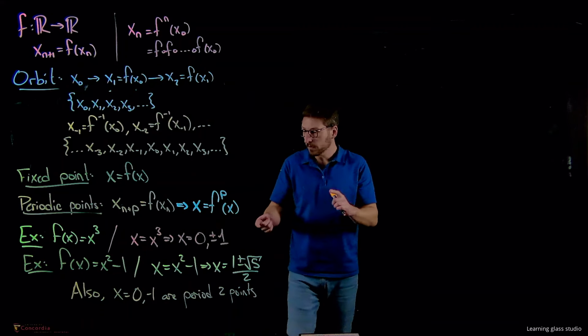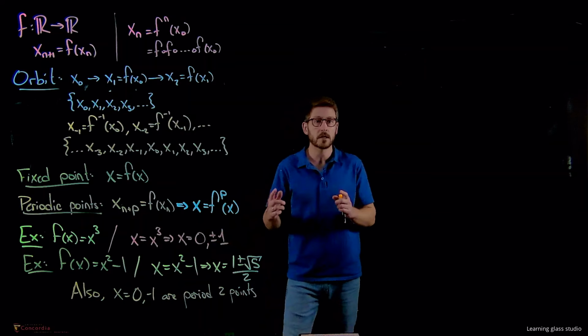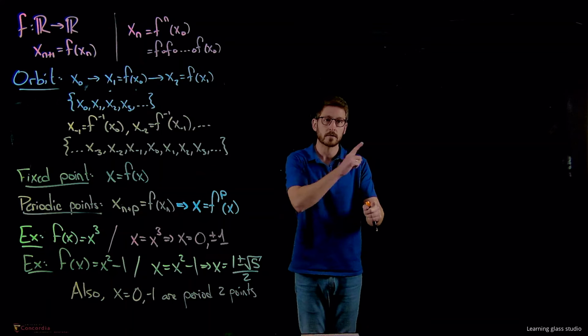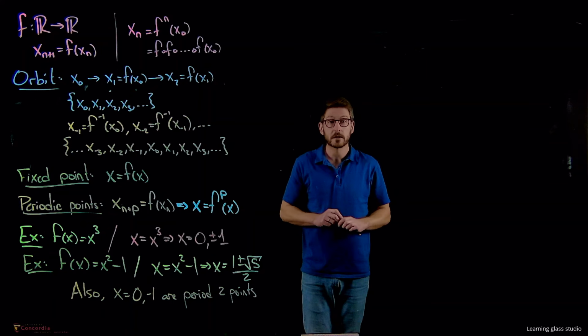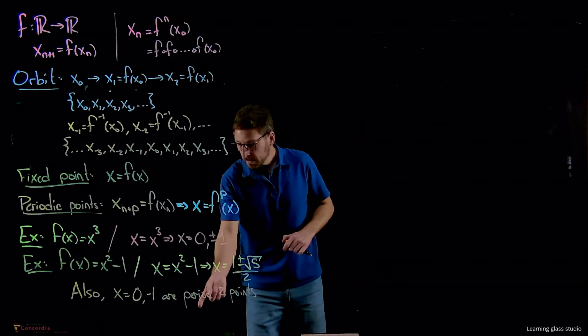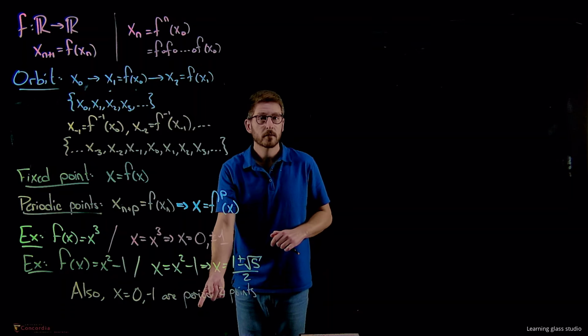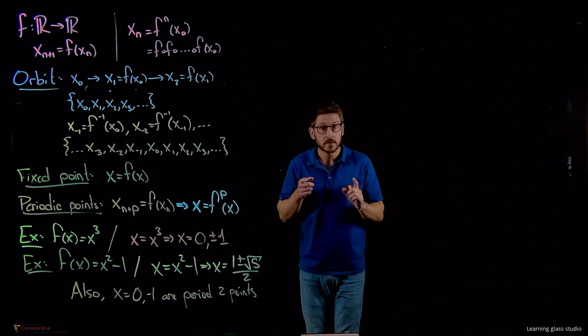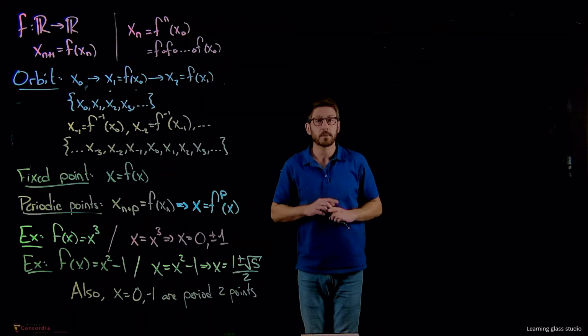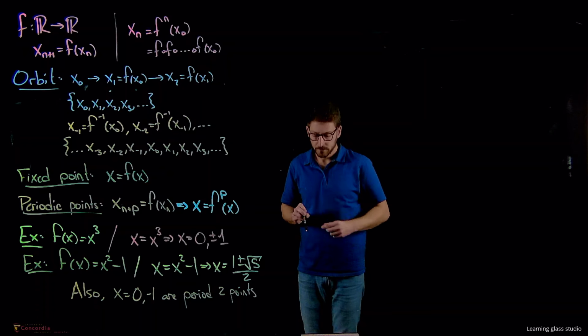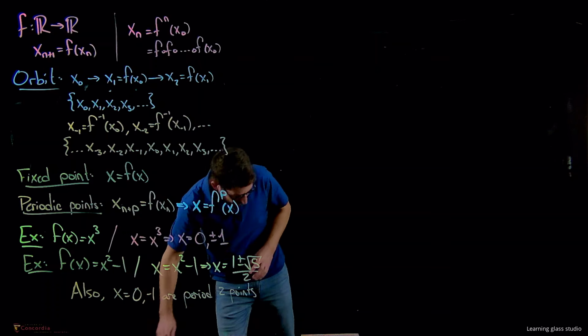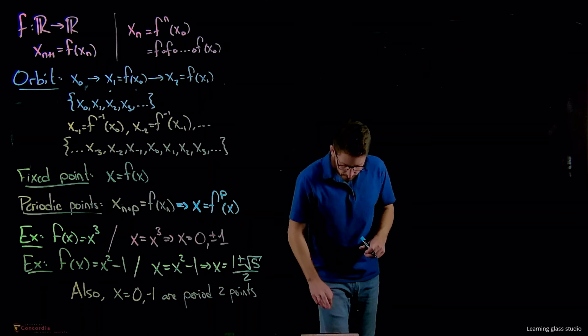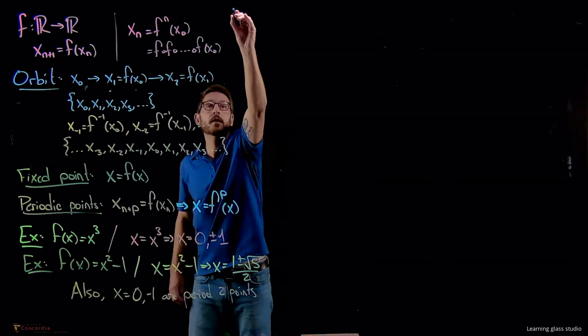So you get an alternating sequence, 0, minus 1, 0, minus 1, 0, minus 1, etc. And that means that they are periodic points. They lie on the same orbit, and the sequence repeats every 2 elements. Okay? So this is really the fundamentals of this.